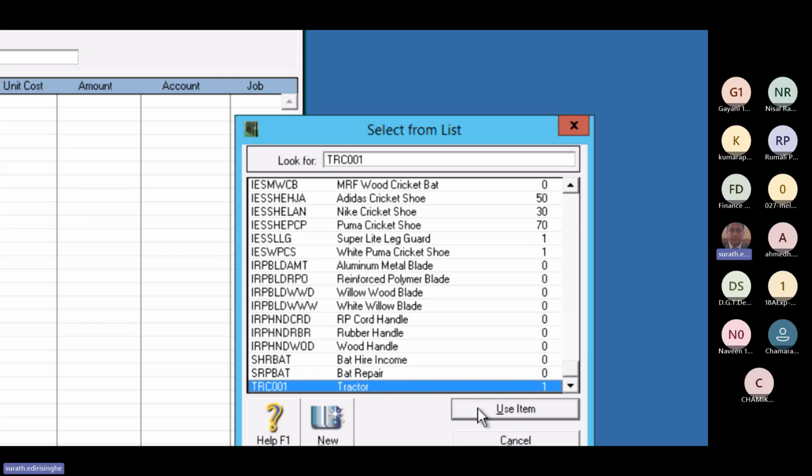Select used item. Okay. Then -1. -1. Then click on tab. The amount also goes to the minus.